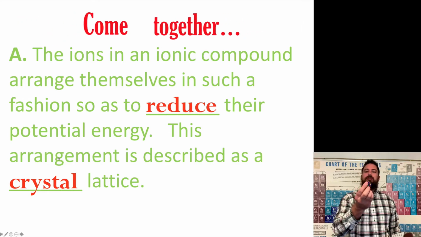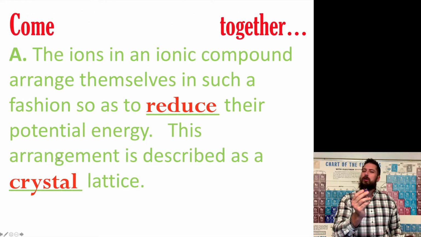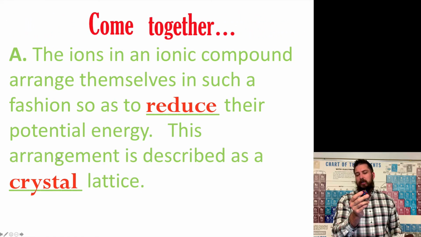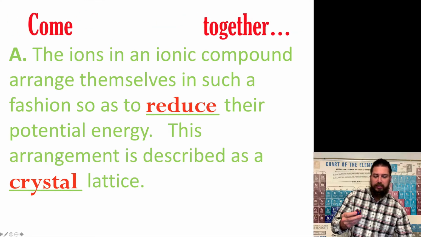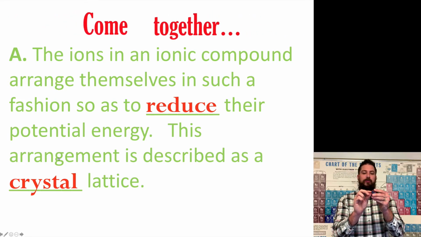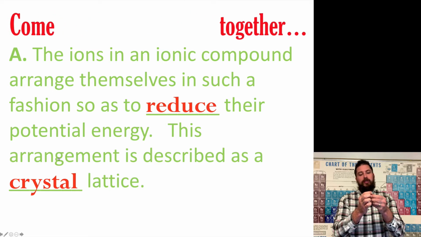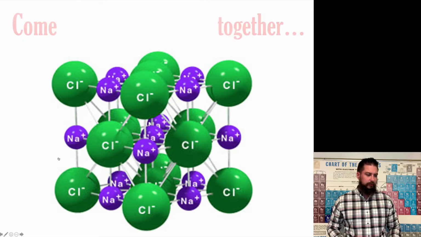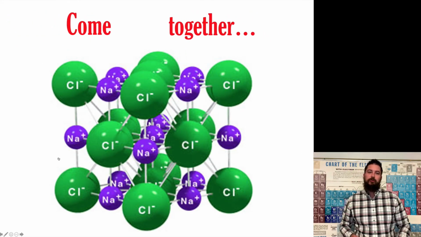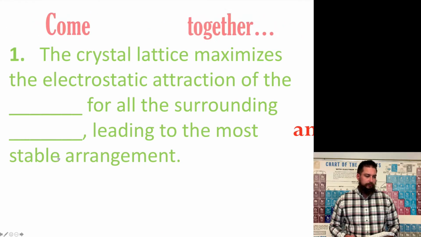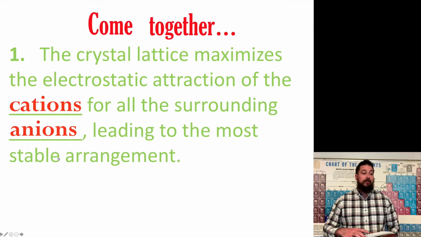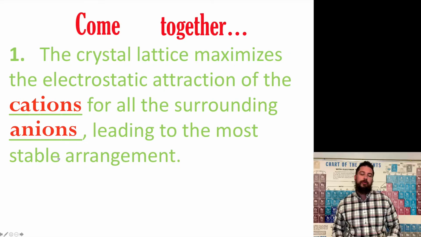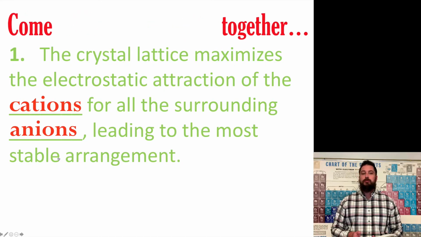This is a good example of a crystal lattice, though it's not perfect and has flaws, with different ions attracted to other ions. The crystal lattice maximizes the electrostatic attraction of the cations for all of the surrounding anions and leads to the most stable arrangement.